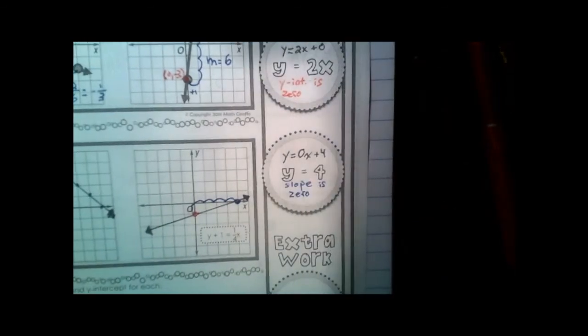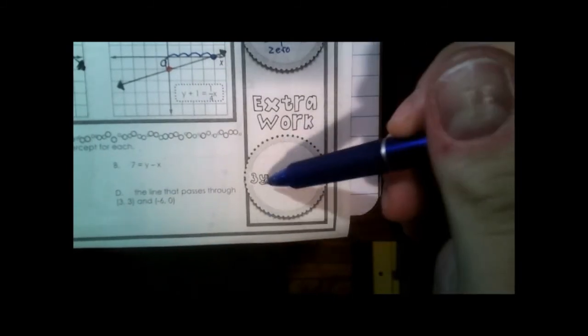Okay. This extra work one, okay, 3y plus 5 equals 6x, you're going to put this problem into slope-intercept form.